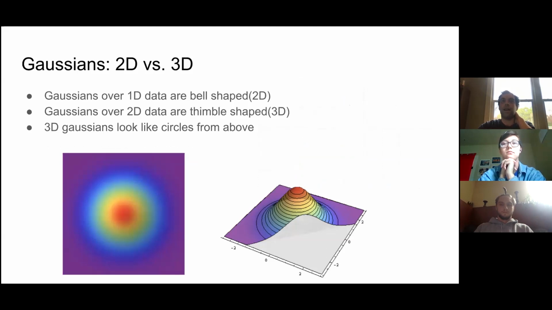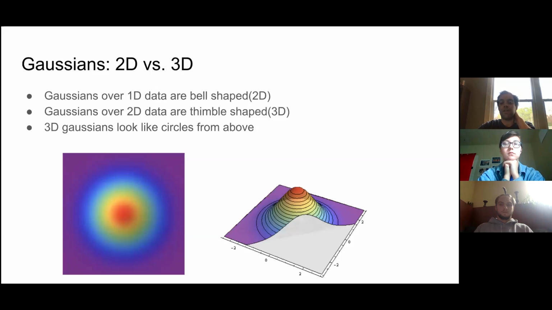However, our data is spatial, so it's across 2 dimensions, the x and y direction. So therefore, our Gaussians will actually be in 3 dimensions rather than 2 dimensions. And so you can visualize this as before we had those bell-shaped curves. If you were to rotate those around and create a shell of the shape, you'd get this 3D thimble-shaped sort of thing, as you can see in the bottom right here.